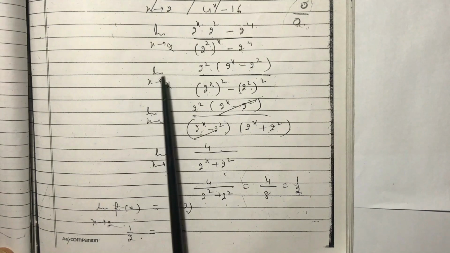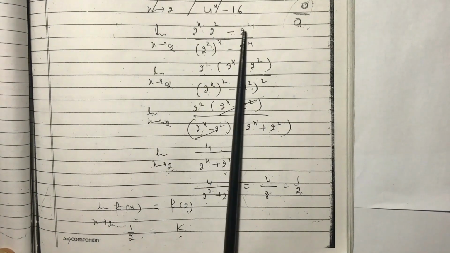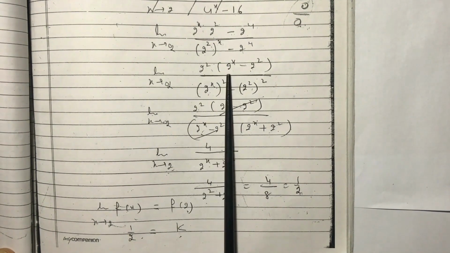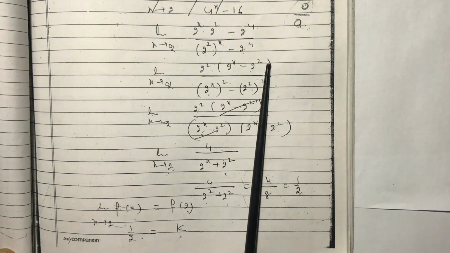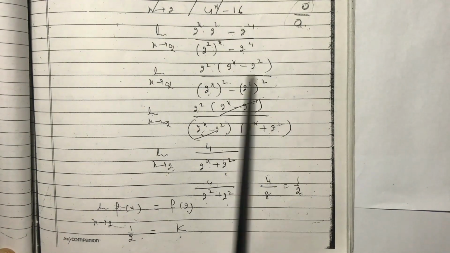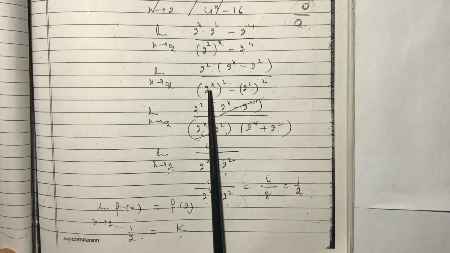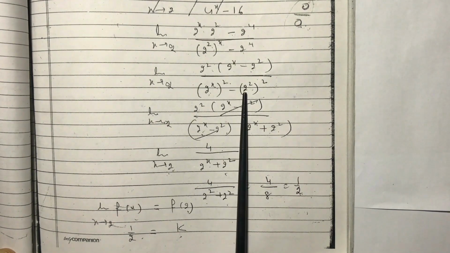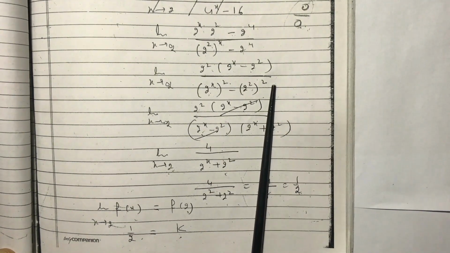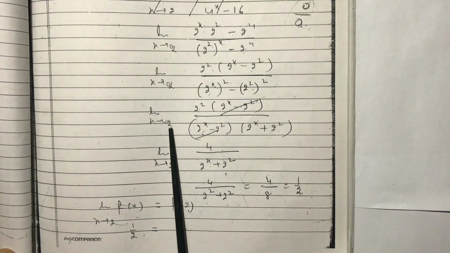This is equal to limit x tends to 2. Take 2 raised to power 2 common. You will have 2 raised to power x minus 2 raised to power 2, upon this thing can be written as (2 raised to power x) raised to power 2 minus (2 raised to power 2) raised to power 2. Limit x tends to 2.